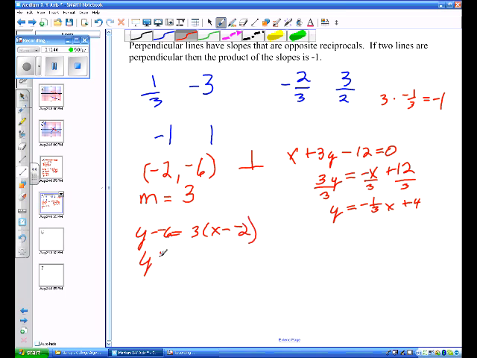So that gives me y plus 6 is equal to 3x plus 6. Subtracting 6, I get y equals 3x. And that would be my answer in slope-intercept form. You may need your answer back in the general form, which is the form that you were given.